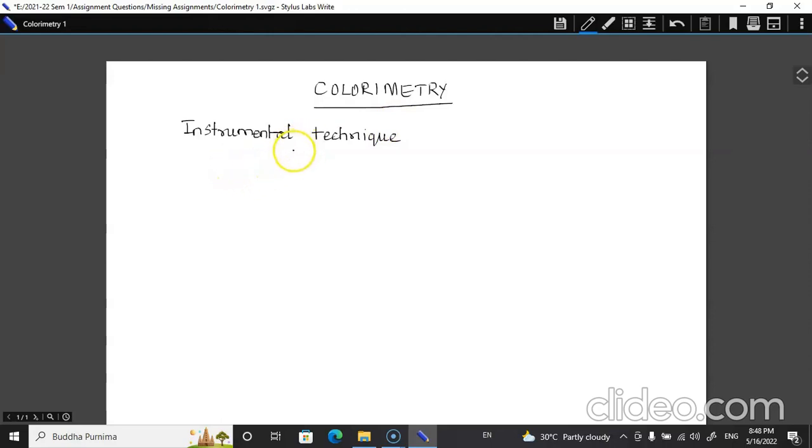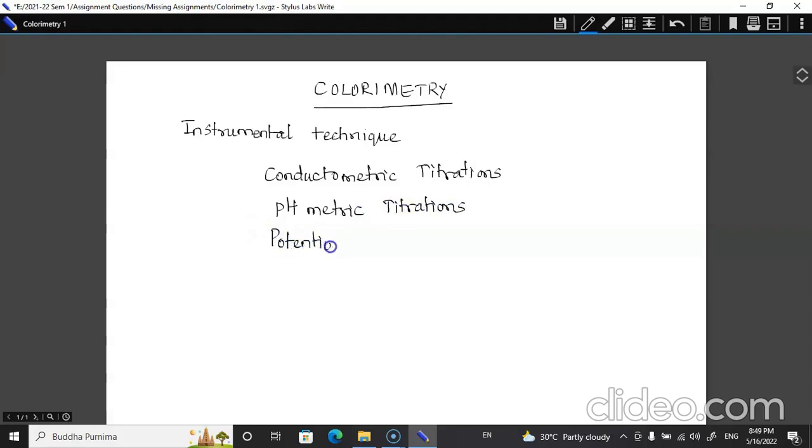So you might come across different techniques like conductometric titrations, then pH metric titrations, then potentiometric titrations, and finally colorimetry.